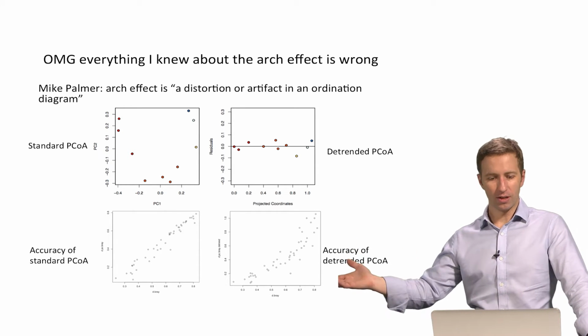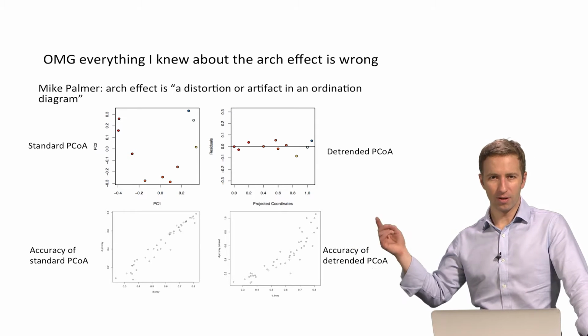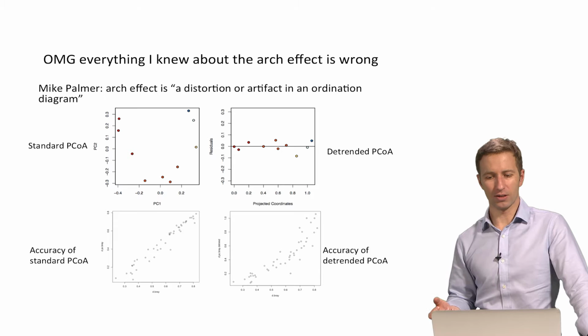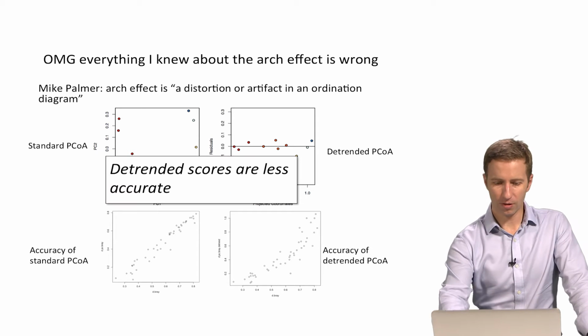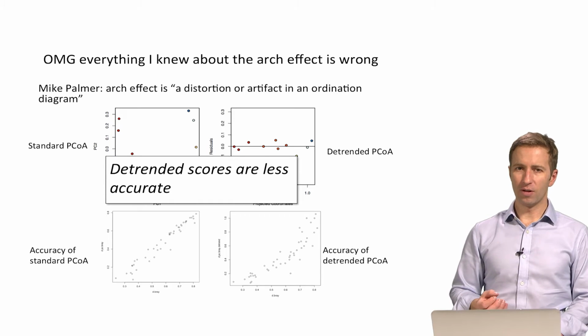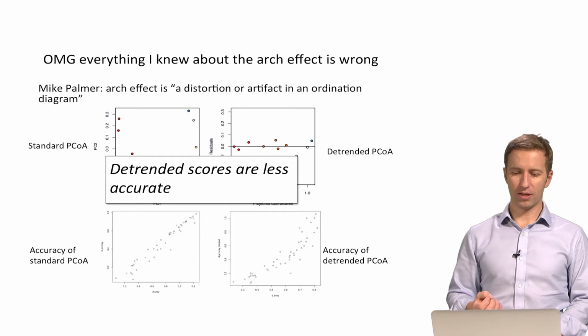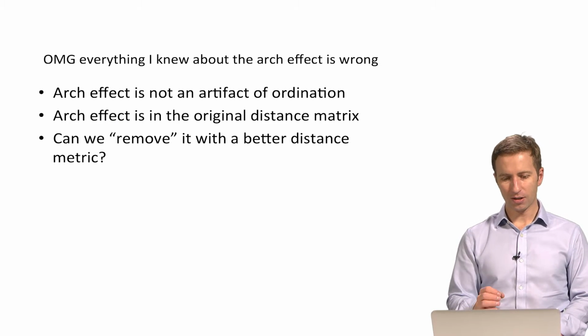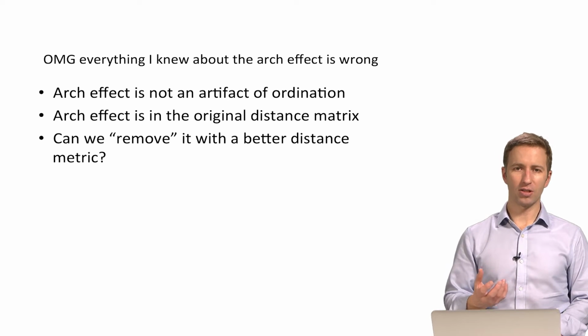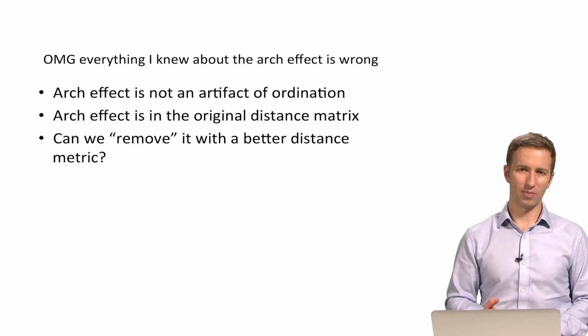So which one is more accurate? Turns out the principal coordinates analysis is a more accurate representation of the true distances in the distance matrix, and detrended scores are actually less accurate. So the arch effect is not necessarily an artifact of the ordination. It's actually something that's present in the original distance matrix.